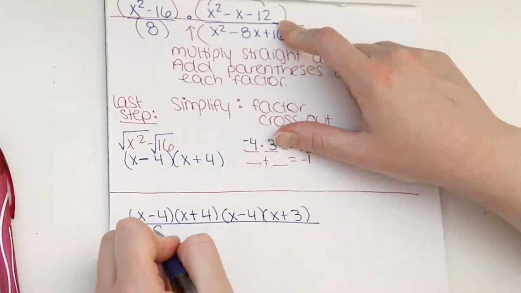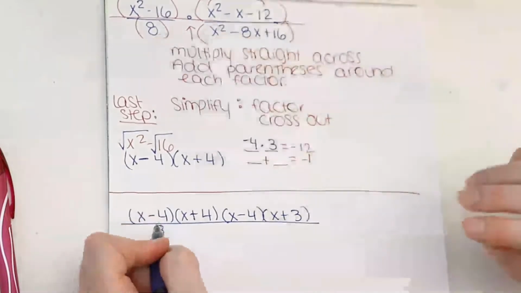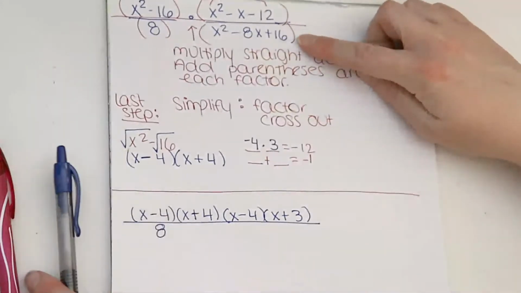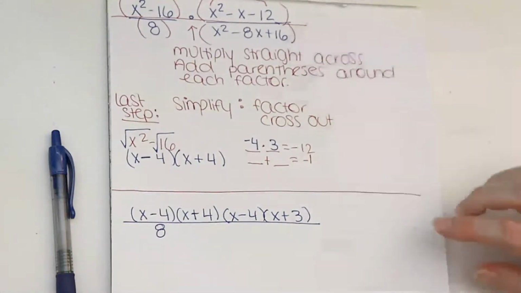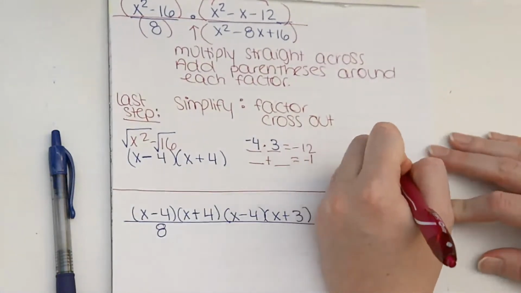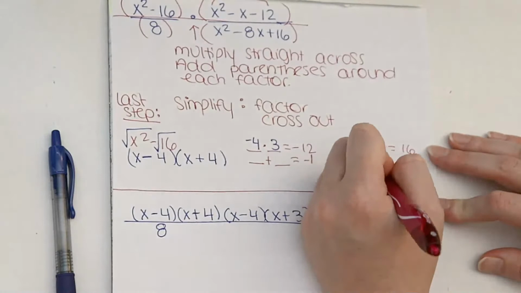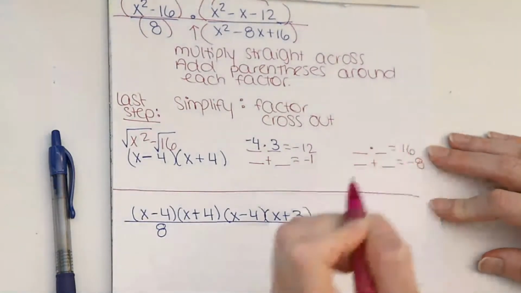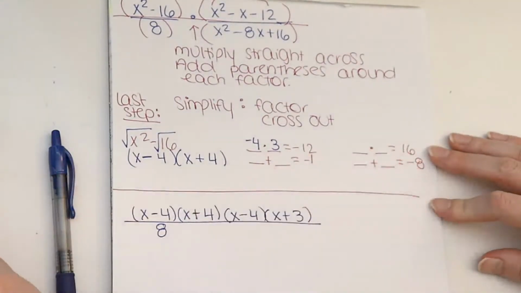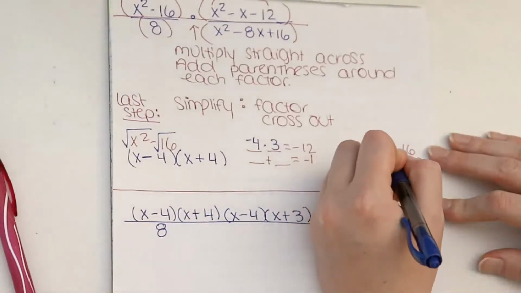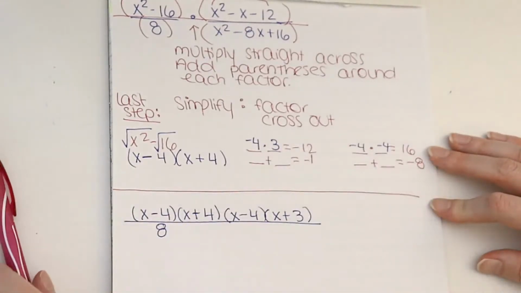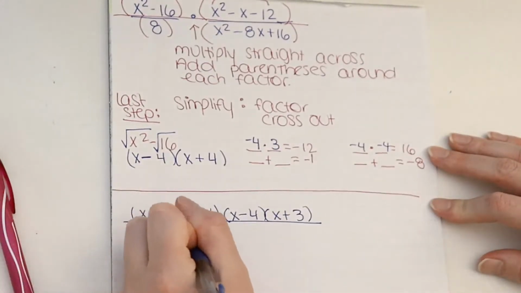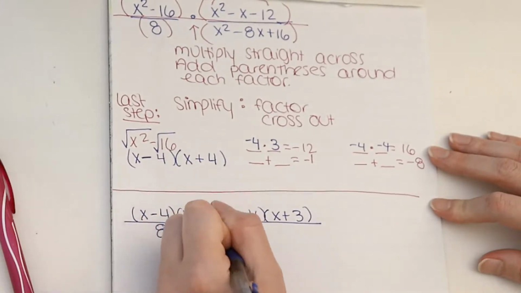And that's over 8, which you cannot factor. And then the x squared minus 8x plus 16 will go to factors of 16 that add up to negative 8. So that's going to be a negative 4 and a negative 4. Okay, so you'll have x minus 4 and x minus 4.